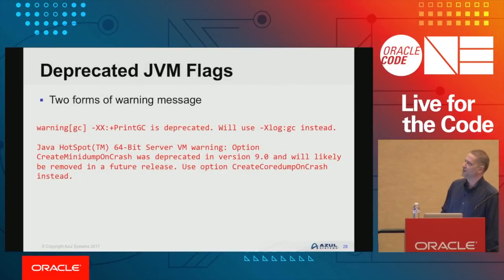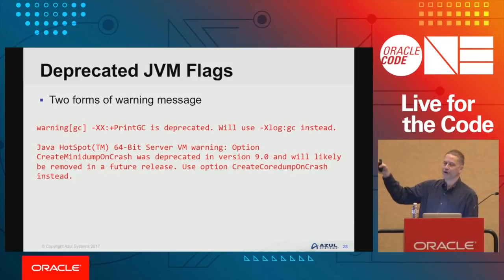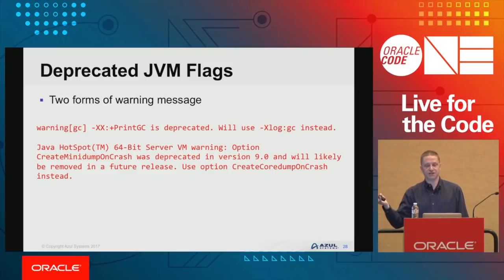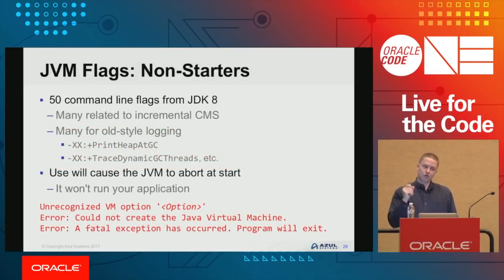Deprecated APIs. So there's lots of flags that change, and you'll get two different warning messages. One which will say, print GC is deprecated, it will automatically use the right one instead, so that's good. Then you get one which says, okay, this is deprecated in JDK 9 and may be removed in future. So it's not automatically using an alternative. Non-starters, right?